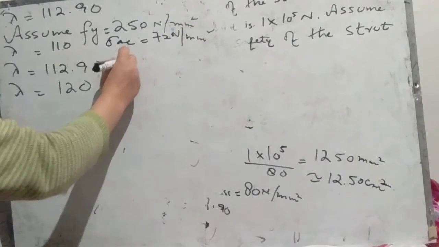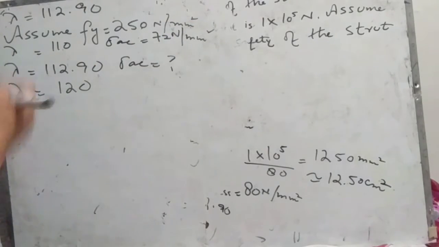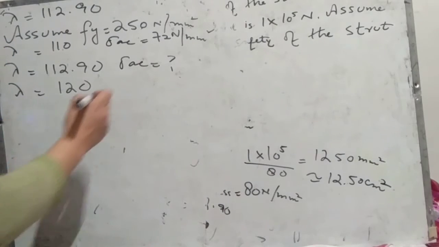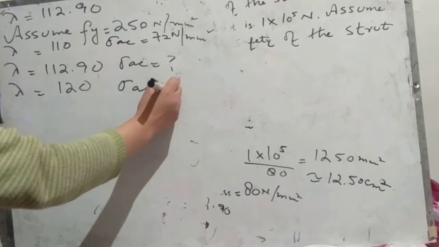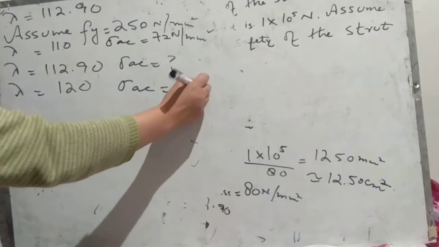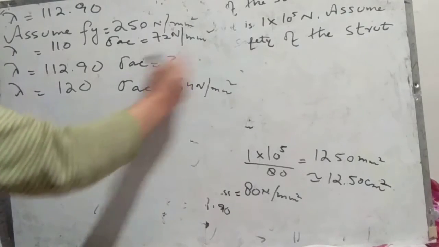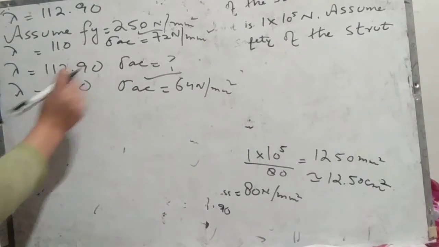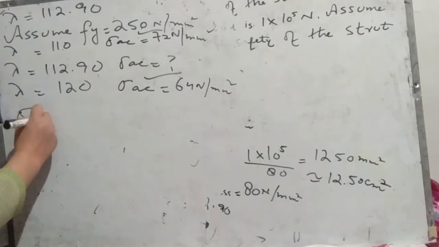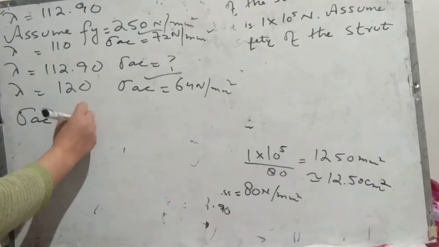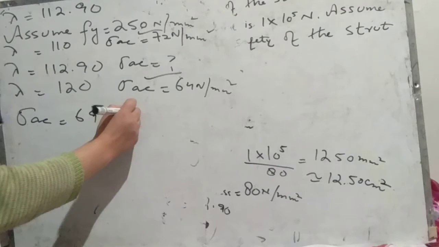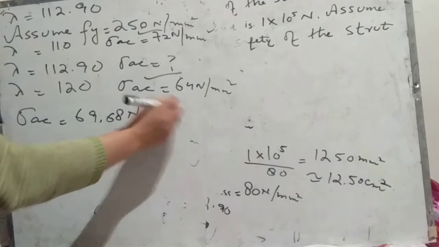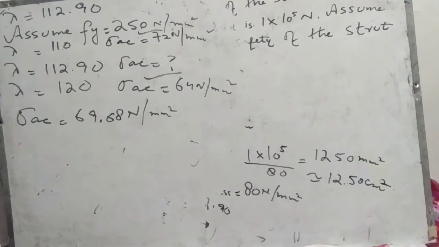You don't know the value at 112.90, so you can get it by interpolation. At 120, sigma_ac is 64 Newton per mm square. These two values you will get from IS 800. On interpolating these values, you will get sigma_ac as 69.68 Newton per mm square. Interpolation I have taught you in the last lectures.